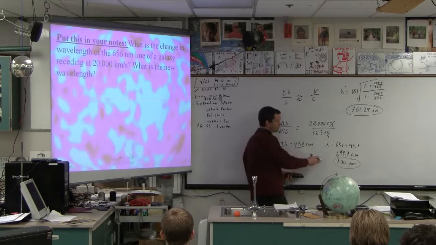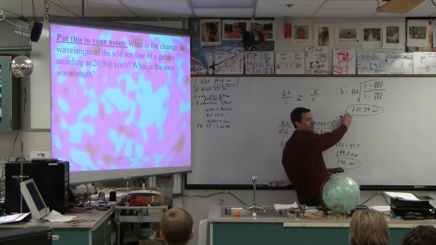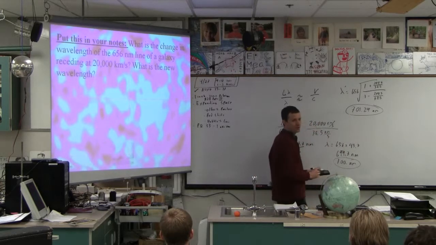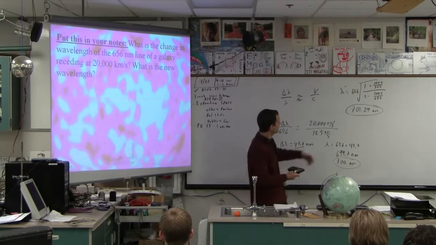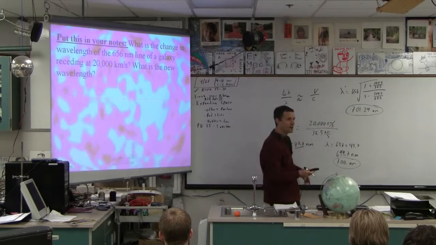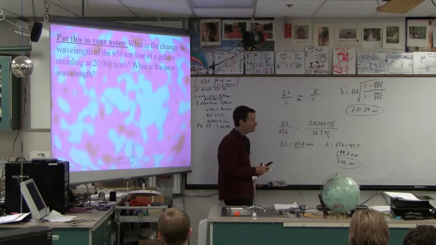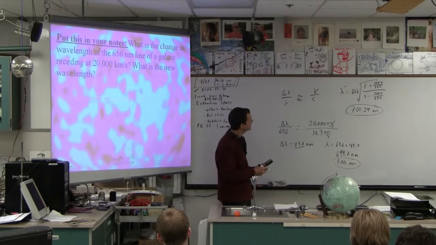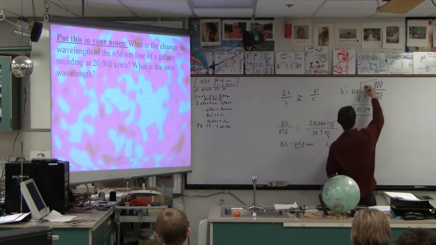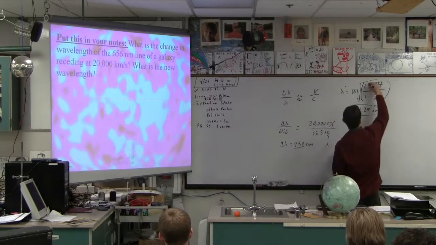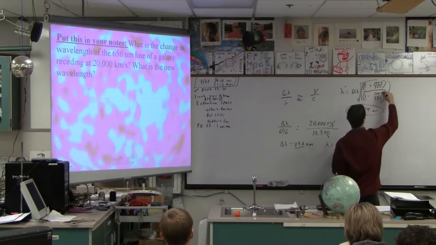You can see that it's already not 100% accurate. Once you approach a 30%, 40% shift of the wavelength, you'd better start using this one. Hopefully they won't give us problems where you have to use these approximate ones, but there it is. When you do this, you have to use parentheses on your calculator.